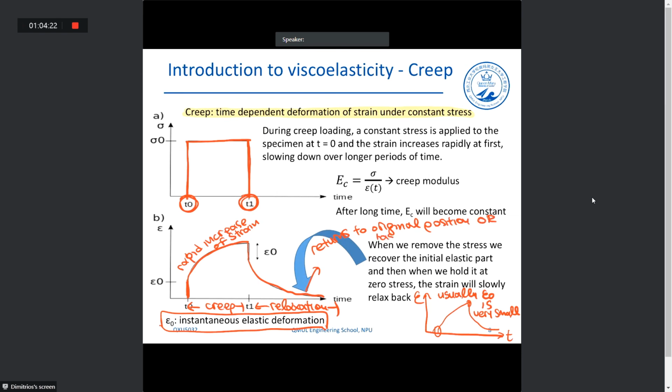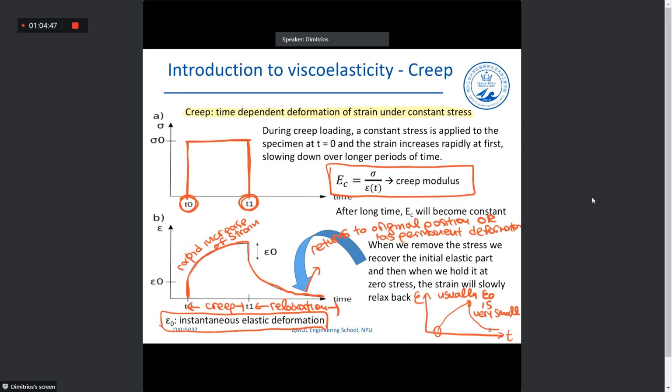Okay. The creep modulus is given by this very simple equation, as you would expect, where the stress is constant and the strain is a function of the time. Okay? An introduction, that is what creep is essentially.